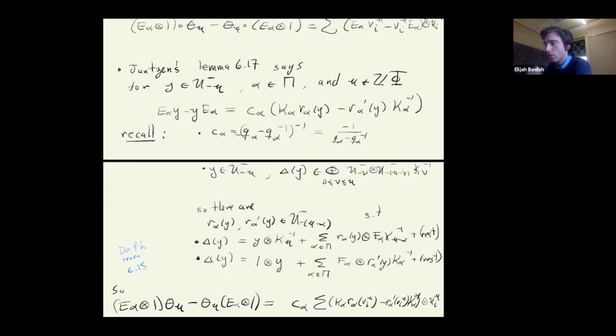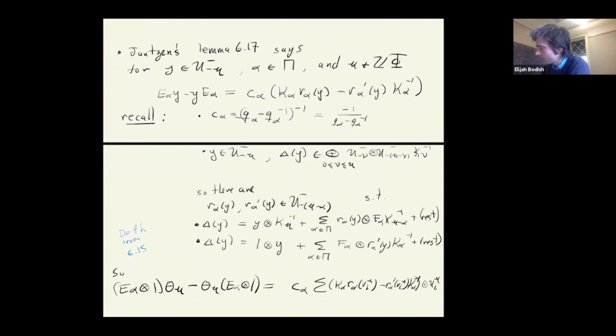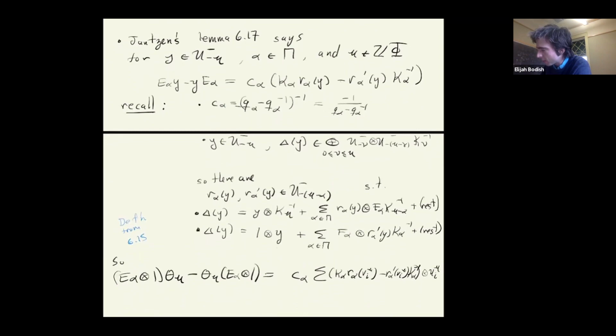Now, at this point, we're not going to use any properties of the R alphas. So we introduce these R alphas. They have some nice features, but we're not going to use them at the moment. Right now, we're just going to do the usual kind of sum over dual bases trick.